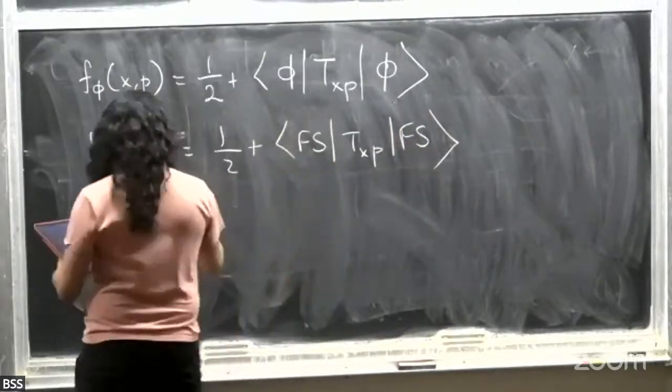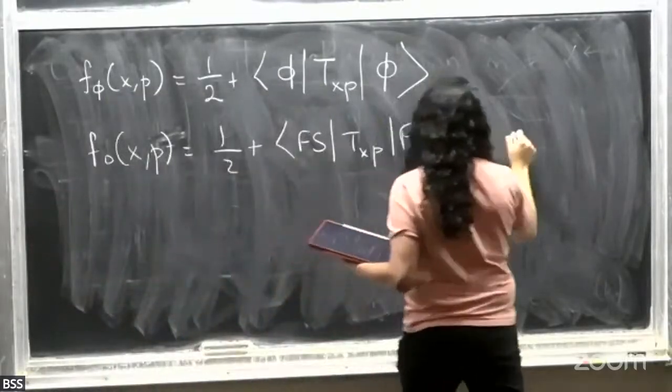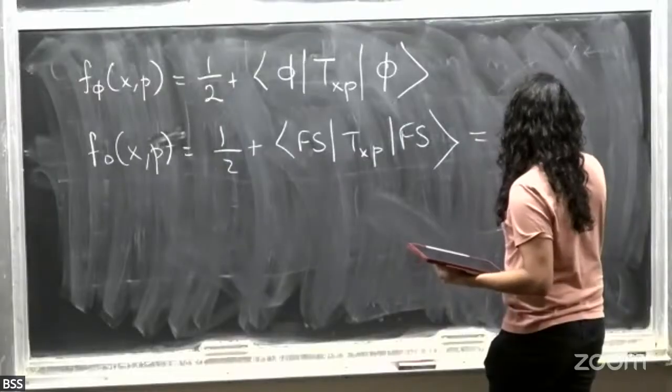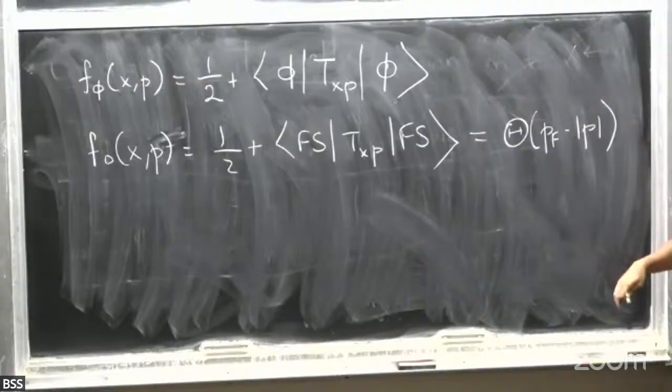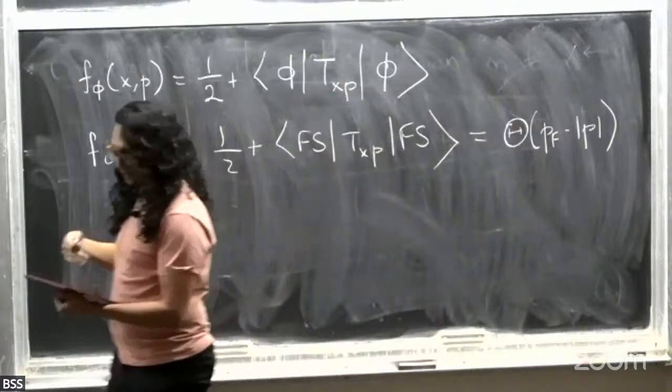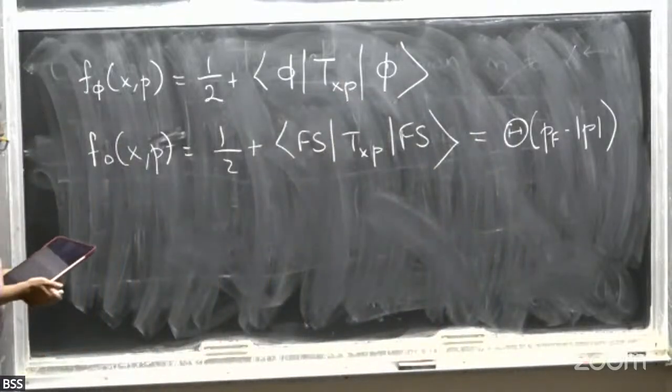So for a spherical Fermi surface, you can show that this is given by a theta function, θ(p_F - |p|). So it's 1 when you're inside the Fermi surface and 0 when you're outside. This is literally the Fermi-Dirac distribution function at zero temperature.